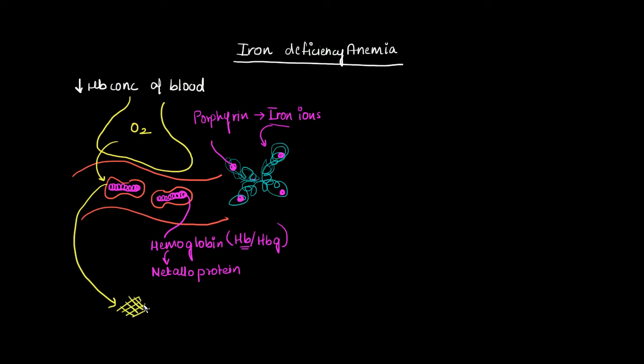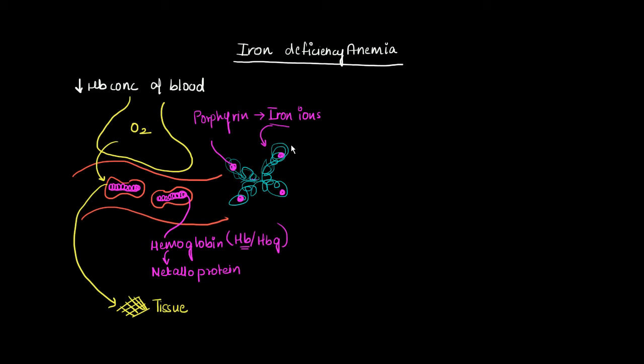To carry this oxygen, RBCs depend on the function of hemoglobin, and this hemoglobin depends on iron for its reversible attachment to oxygen. That means hemoglobin can weakly attach with oxygen here, and can release oxygen in the tissues where it is needed. So this is where iron fits in hemoglobin.